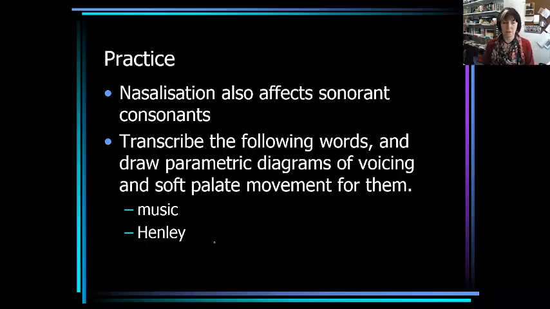You can pretty much guarantee there are some in there if I've given this to you for practice. So the words are music and Henley. Transcribe those. You can do a phonemic transcription first if you want to, then add the allophonic transcription with diacritics, and then give a parametric diagram of voicing and soft palate movement for each of them.